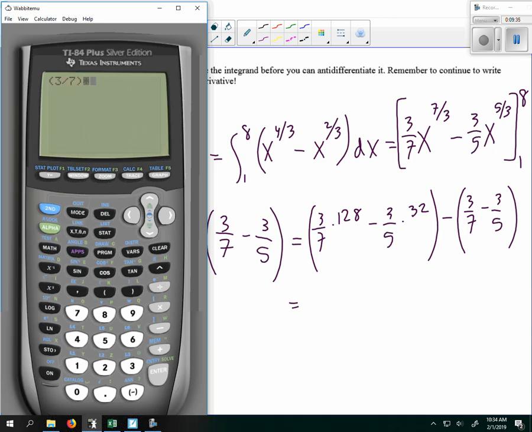(3/7) times 128 minus 3/5 times 32. So as a fraction, that's 1248 over 35. And then I need to subtract 3/7 minus 3/5. 1254 over 35.